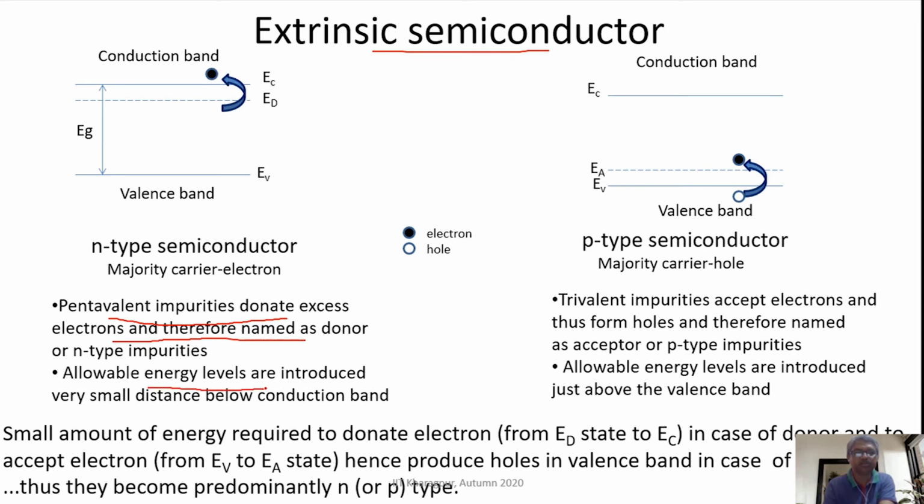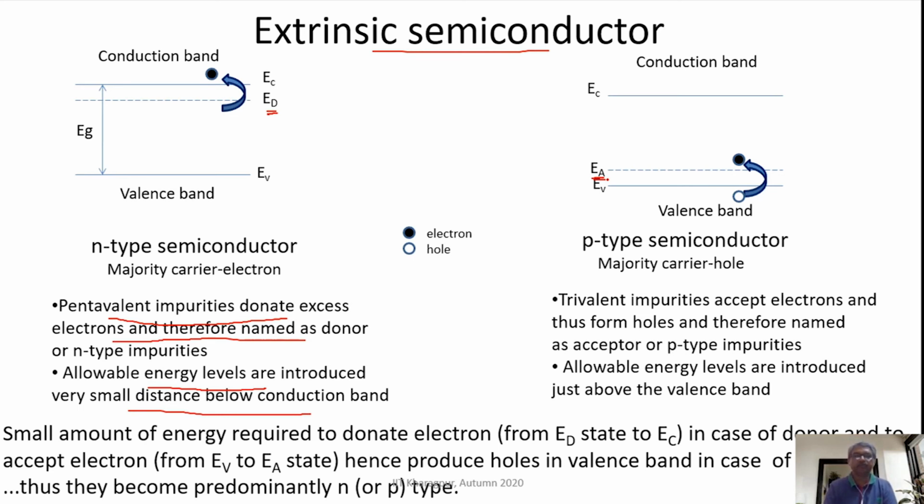Allowable energy levels are introduced very close to the conduction band. This energy level is known as Ed, the donor energy level, and the energy level associated with the acceptor is known as Ea.